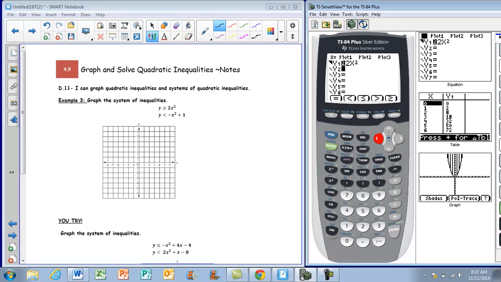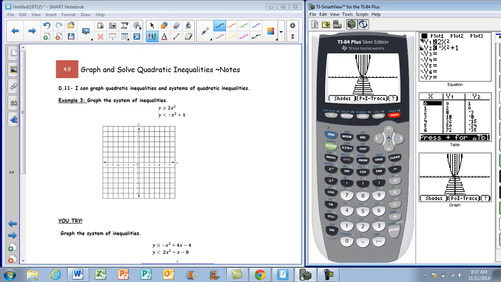My next one is going to be less than negative x squared plus 1. Now if you go to your graph, now we want to see where they overlap, so where that section overlap is.